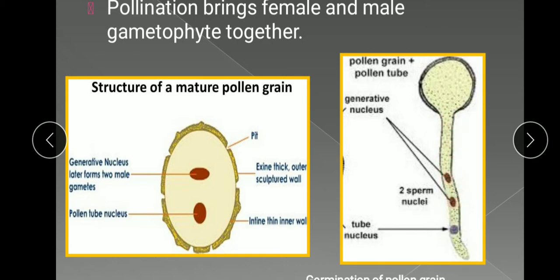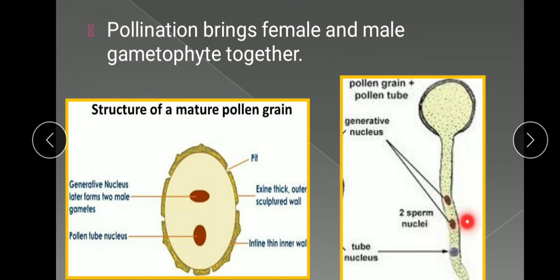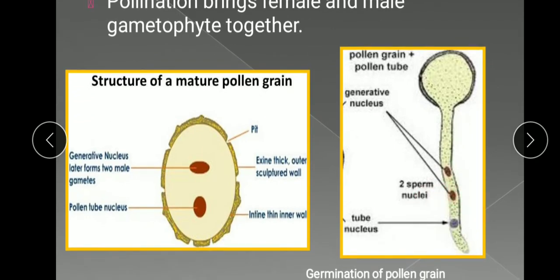This tube grows through the stigma, and it contains the two sperm nuclei. These sperm nuclei are formed by mitosis in the generative nucleus. The generative nucleus divides mitotically and forms the two sperm nuclei, along with the two other nuclei.